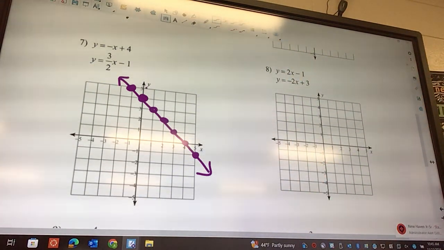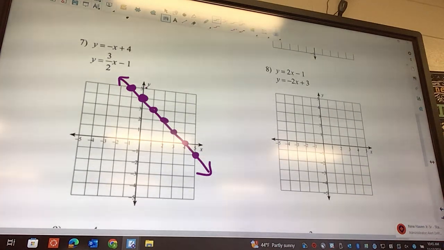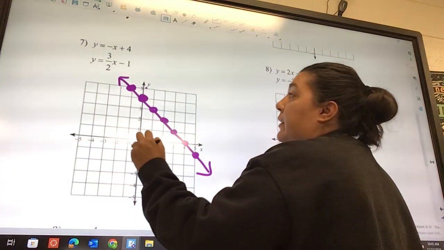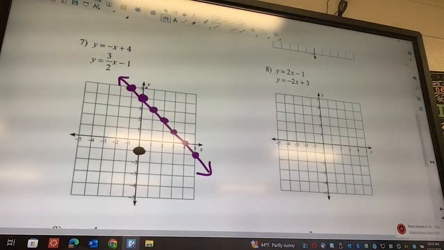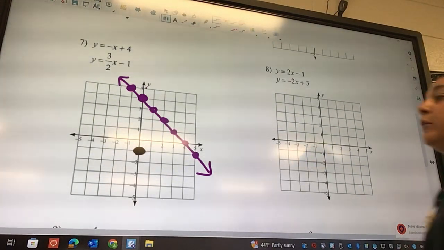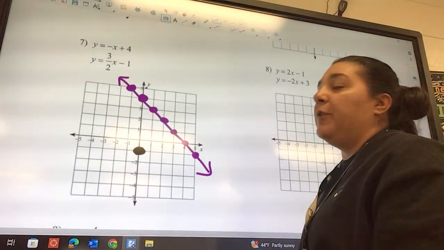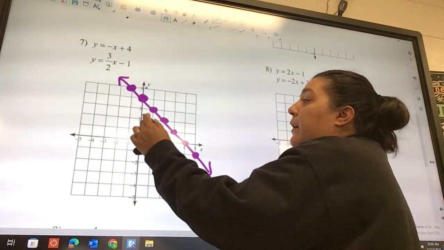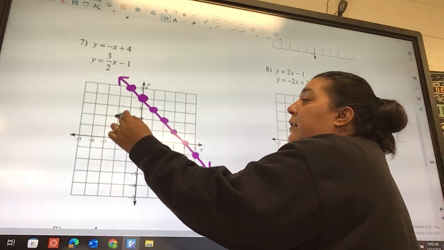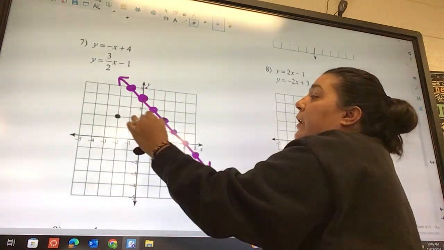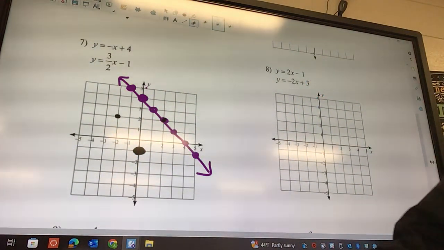Okay, line 2 starts where? At negative 1. And what is my slope? Up 3 over 2, which way? If we go up 3, I can go over 2 either this way or this way. Which one makes more sense? To the right. Why?